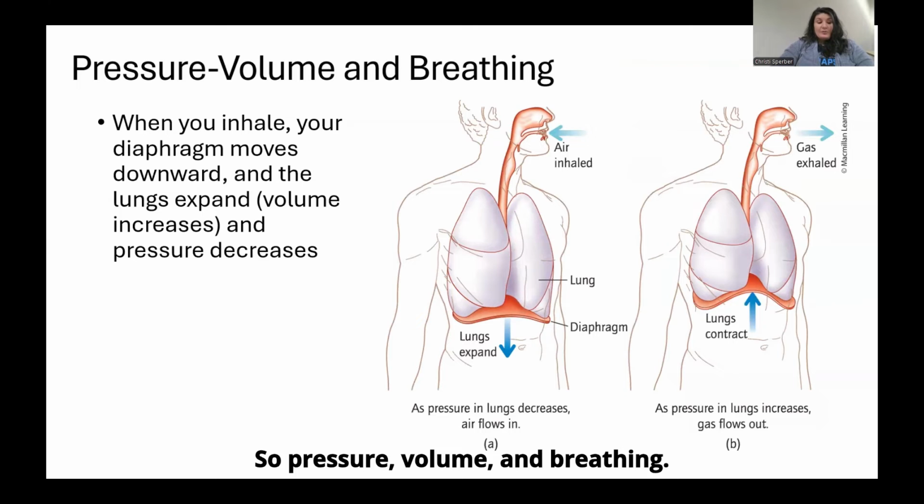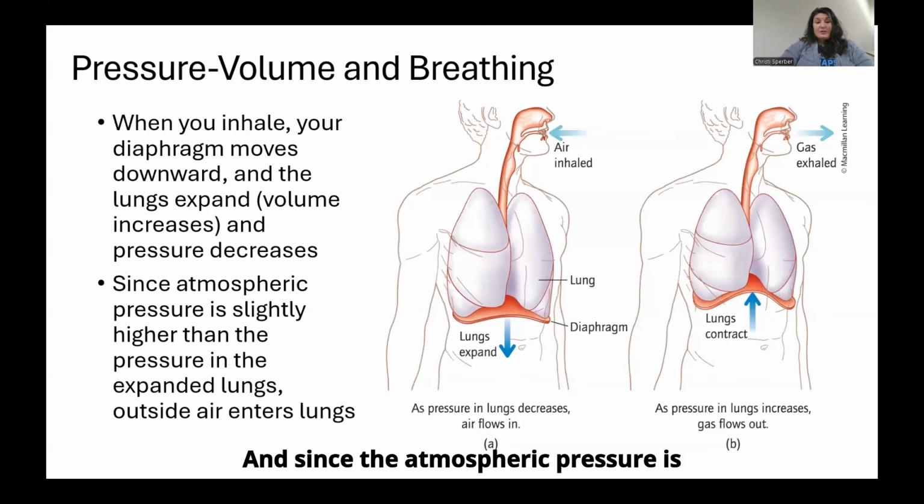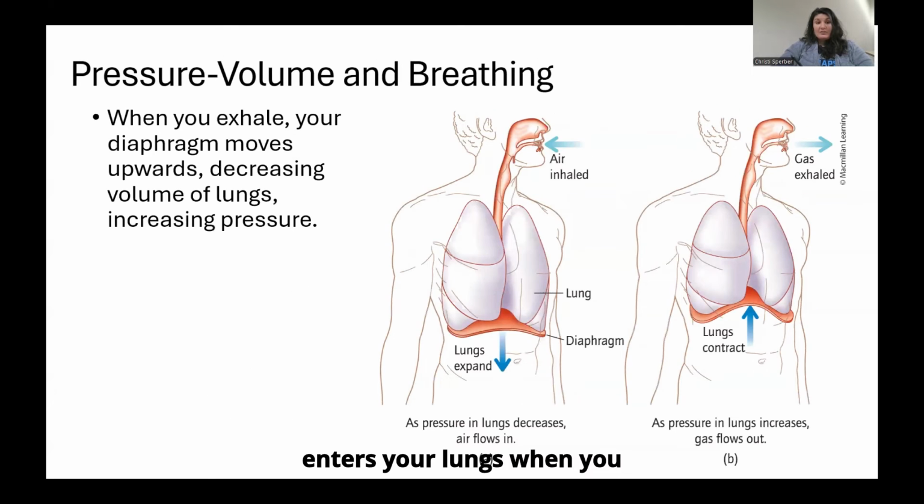So pressure, volume, and breathing. Gases spontaneously flow from regions of higher pressure to regions of lower pressure. So when you inhale, your diaphragm moves downward and the lungs expand. So the volume of your lungs increases and pressure decreases. And since the atmospheric pressure is slightly higher than the pressure in the expanded lungs, outside air enters your lungs.